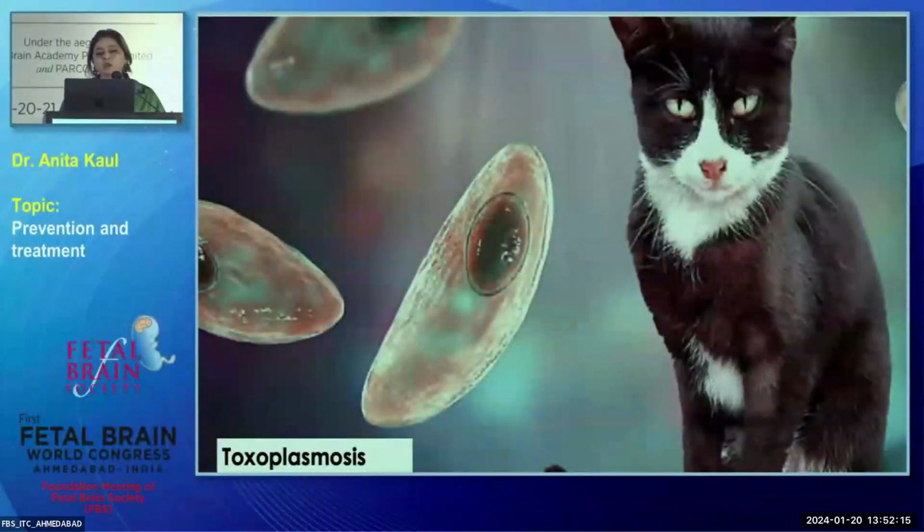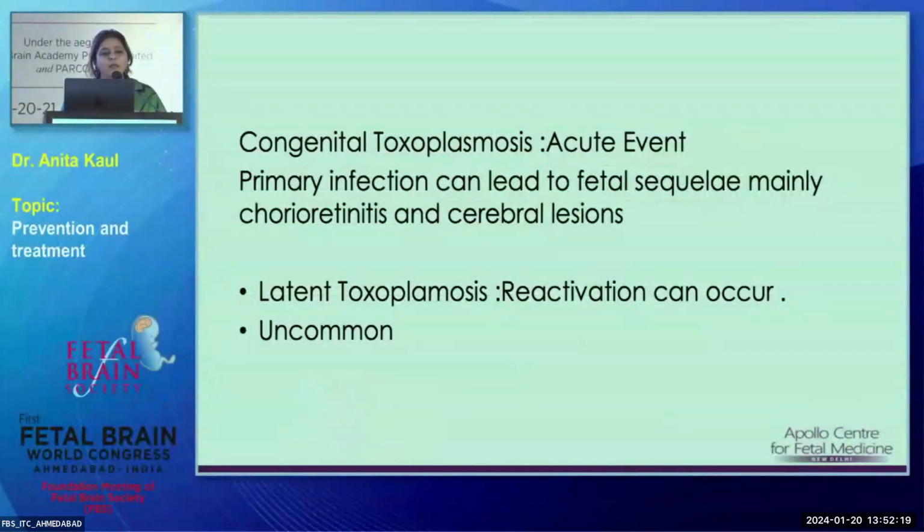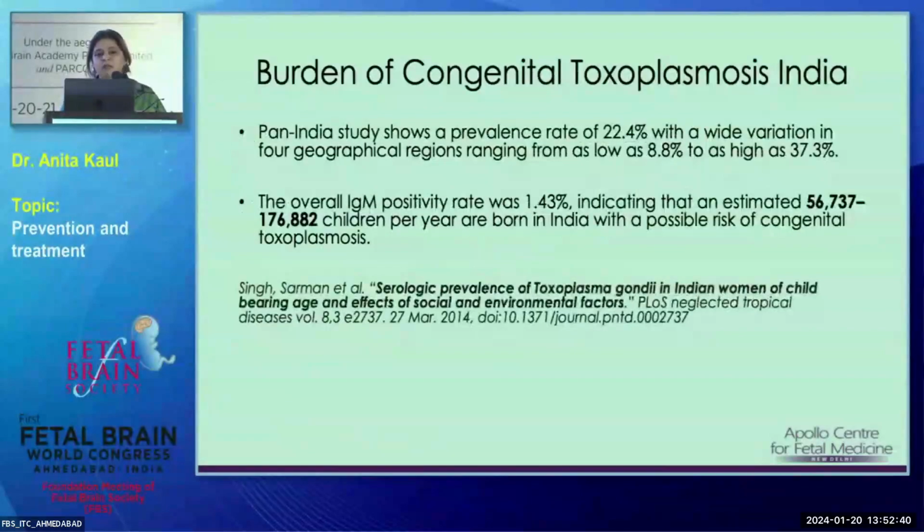As far as toxo is concerned, again, we are stuck. We know that the majority is primary infection. With all infections, if you can catch them in the first trimester, this is where you can help them the most. There is a situation of latent toxo where reactivation can occur, but it is extremely uncommon.